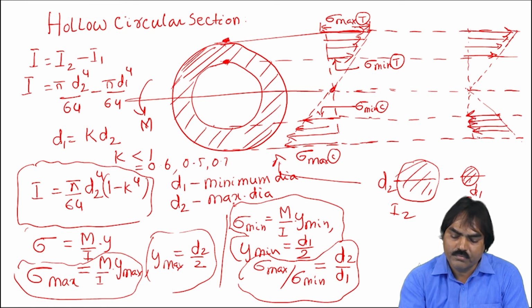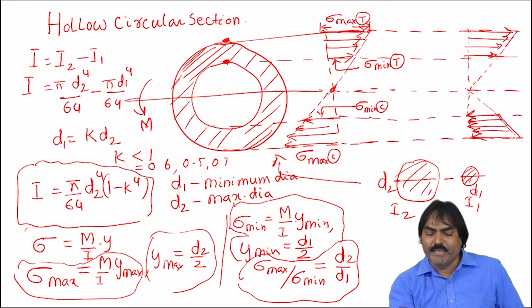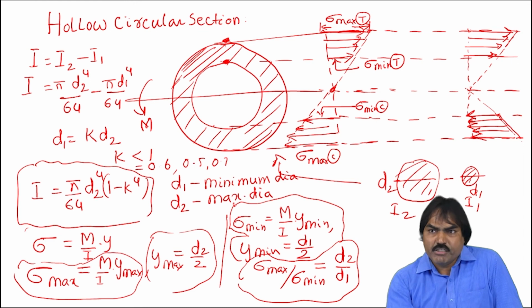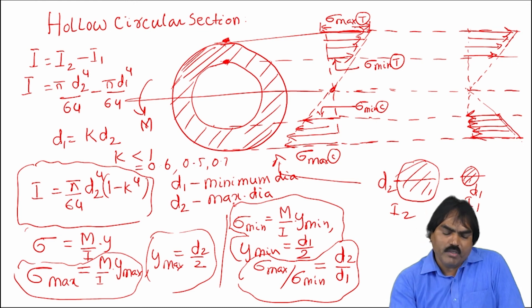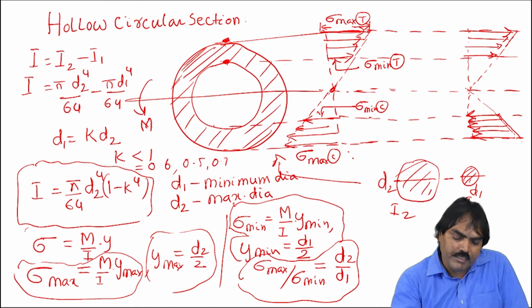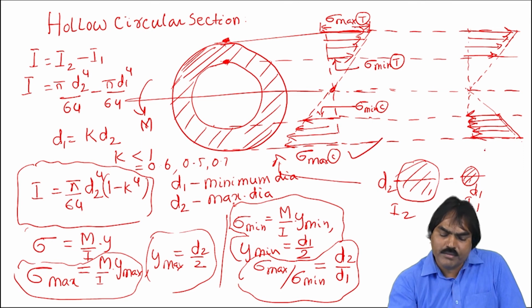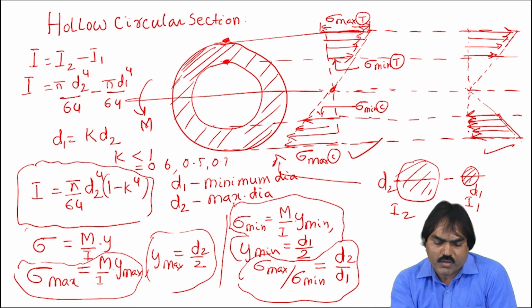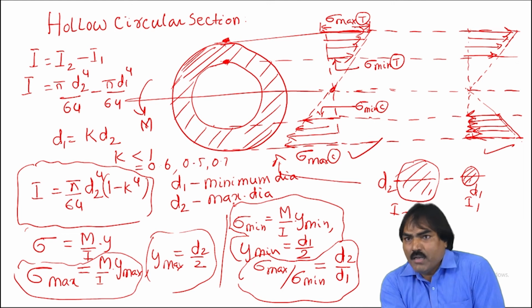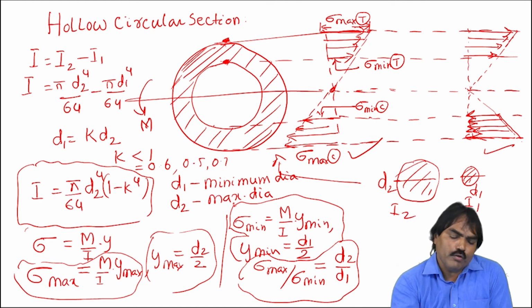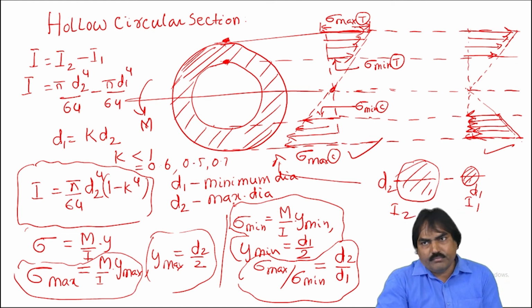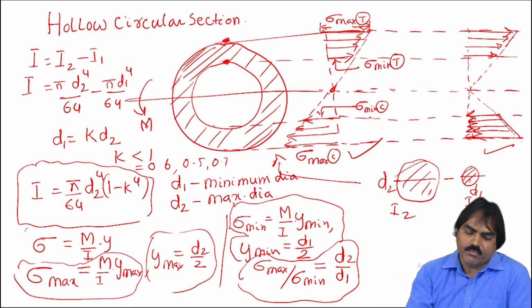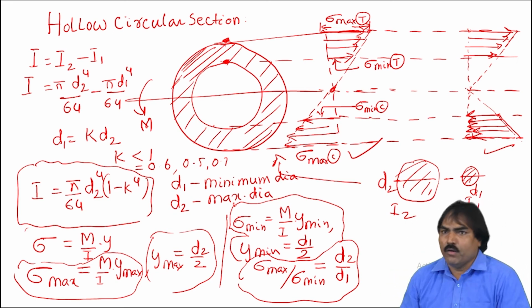Got it. Both are applicable for the bending stress distribution of a hollow circular section. We can draw this way or we can draw this way. Both are correct, because stress and load actually have direction. So based upon the law of transmissibility, you can show it in the same direction anywhere. That's why both are applicable. This is for the hollow circular section.